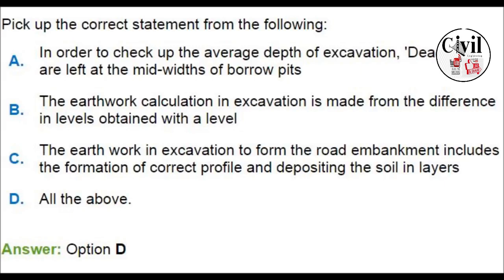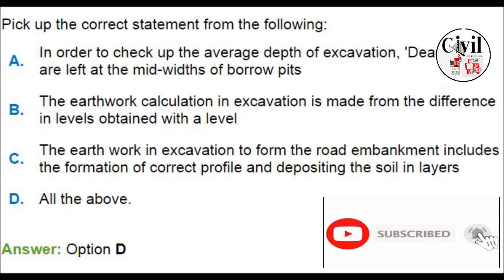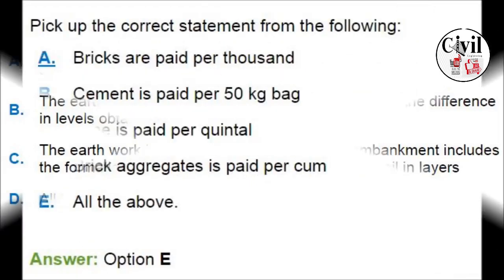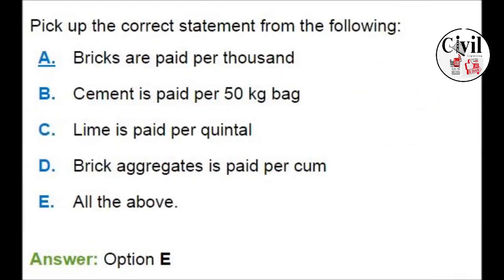The earthwork in excavation to form the road embankment includes the formation of correct profile and depositing the soil in layers, and D, all of above. So here D is the correct answer, because all these options are correct, because excavation of earthwork is made at different levels.